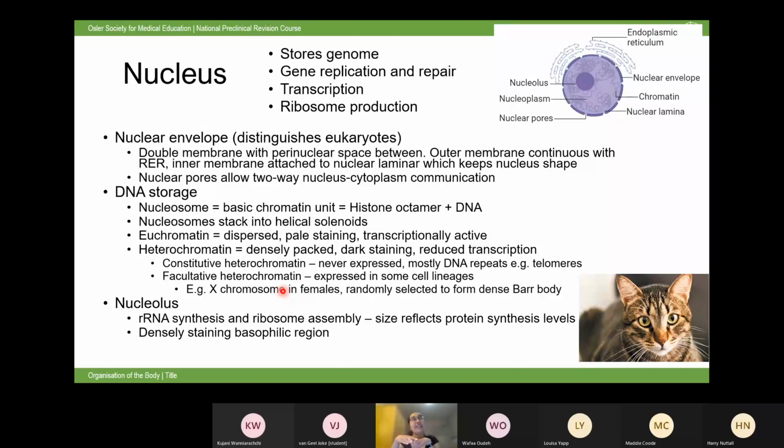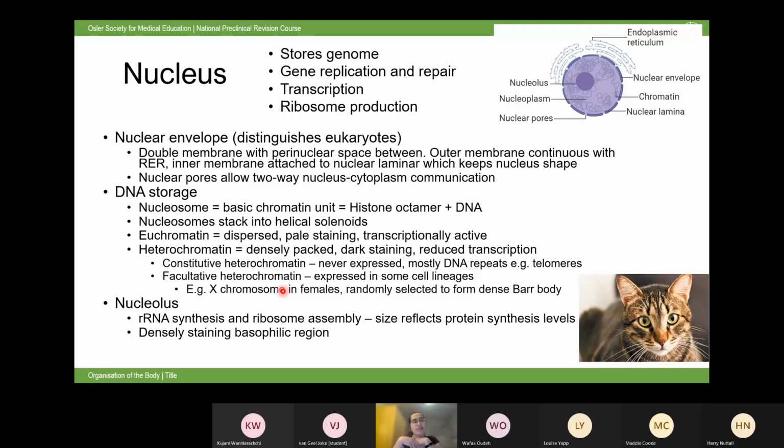And DNA obviously has multiple roles, so it's both important for the actual transcription and translation to generate proteins, but it also needs to just be there and be stored so that it can be passed on in replication.